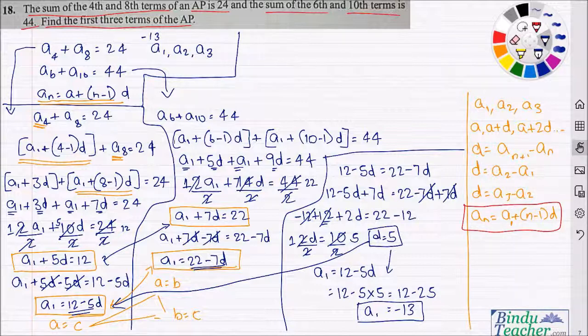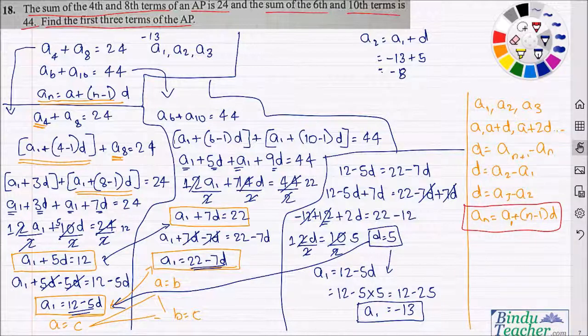Right, now I have to find out the value of A2. Again, that will be very simple now that we know the value of D. So A2 will be A1 plus D, which is minus 13 plus the value of D is 5, which gives me minus 8. Right, so I'll write here minus 8.